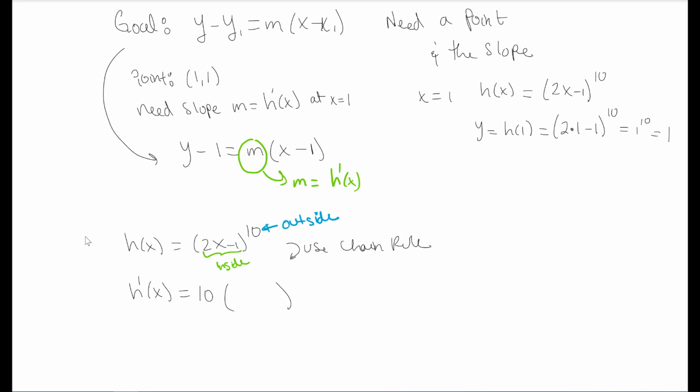The derivative of this is 10 and decrease the power by 1. So it's 10 to the 9th. And the inside is going to stay 2x minus 1. But then I'm going to have to do times the derivative of 2x minus 1.